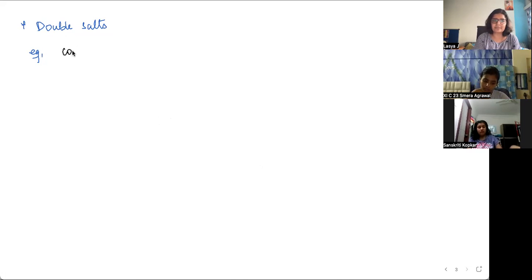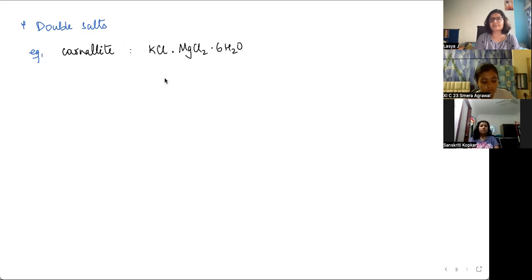So as an example, carnallite is an ore, a mineral that consists of KCl as well as MgCl2, and of course some water of crystallization. In this case, carnallite is made of 2 different salts, all of them existing in the same crystal structure.